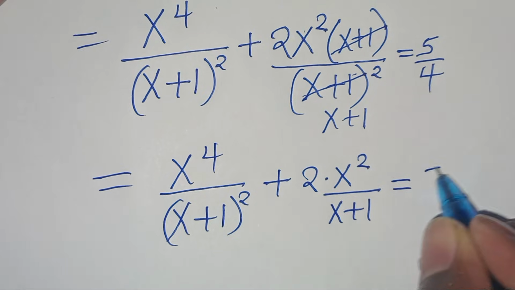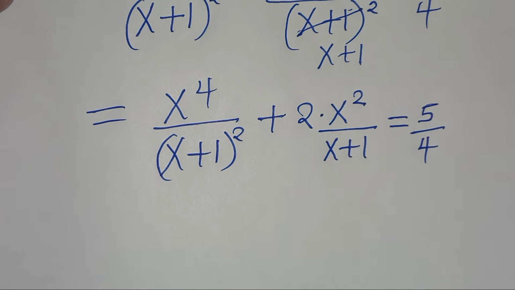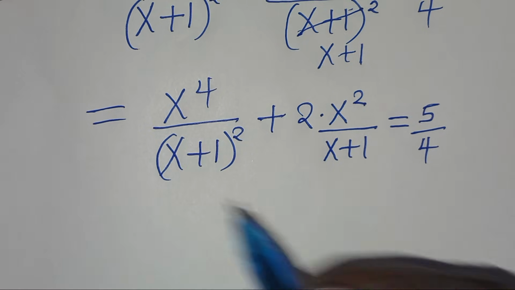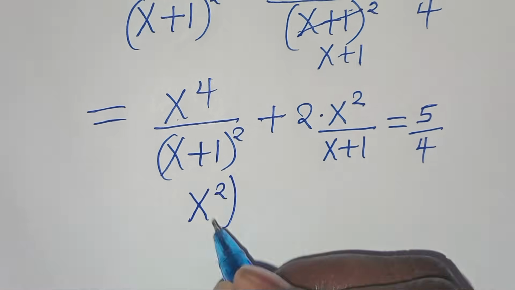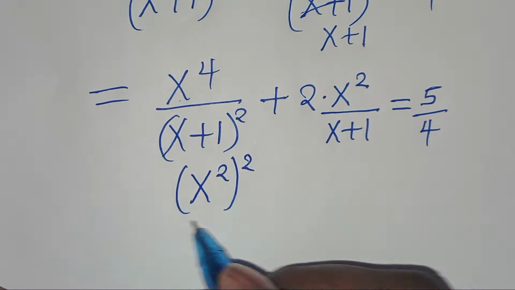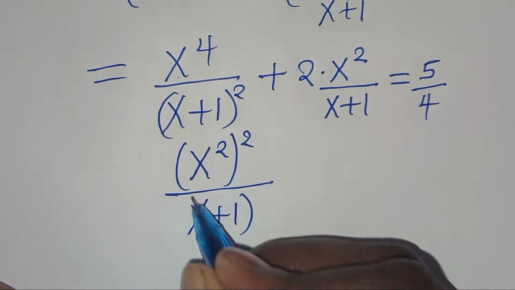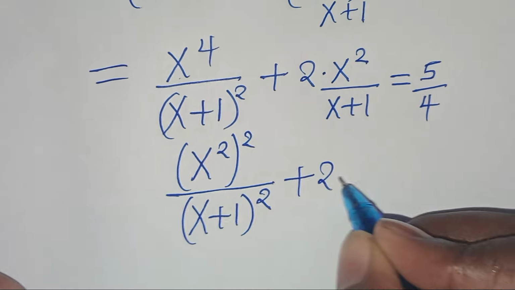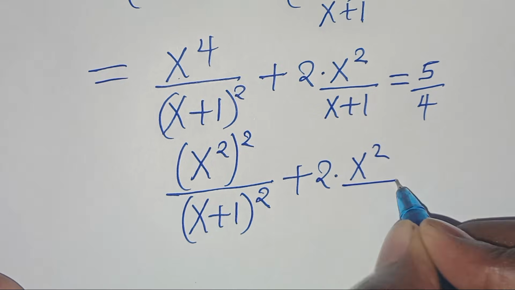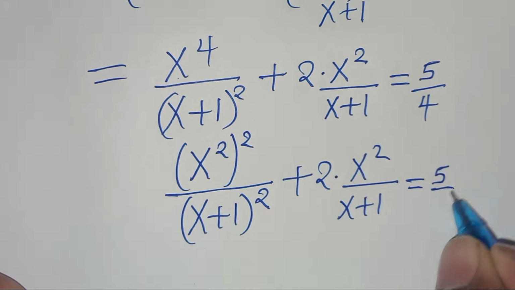This is equal to 5 over 4. Now, the next step is that we have x to the power of 4, which is the same thing as (x to the power of 2) raised to the power of 2, divided by (x plus 1) to the power of 2, then plus 2 times x to the power of 2 divided by (x plus 1). This is equal to 5 over 4.